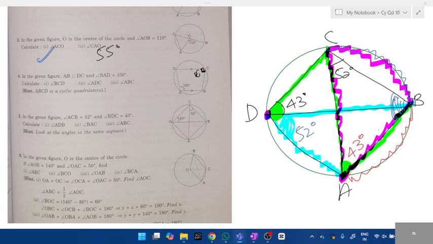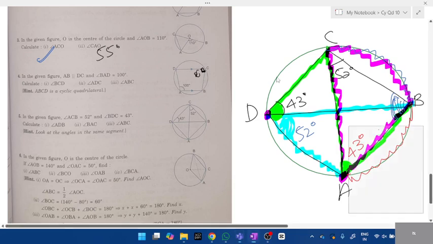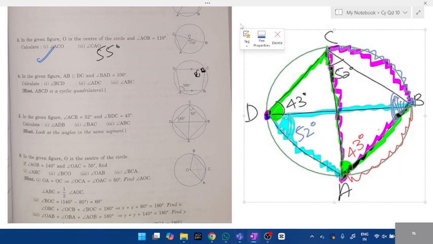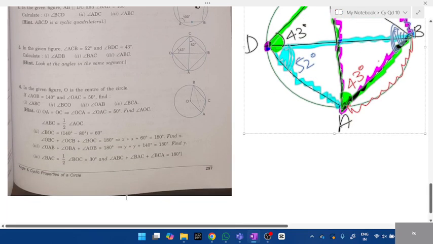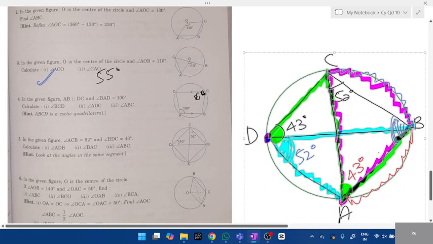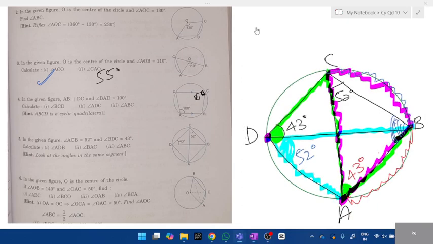Completed? Yes, sir. Okay, practice this, students. Enough. Focus on the concept. Go through everything, whatever we have done so far.